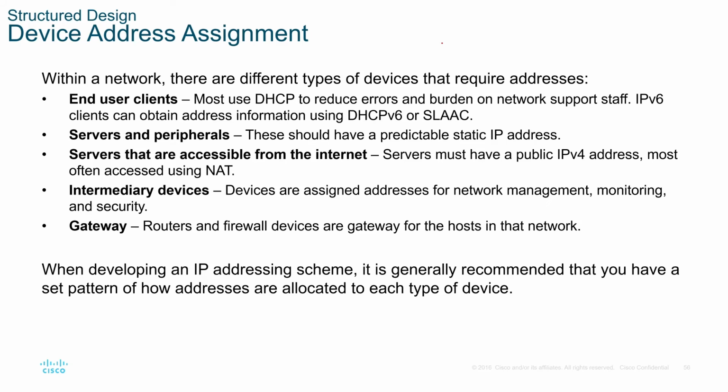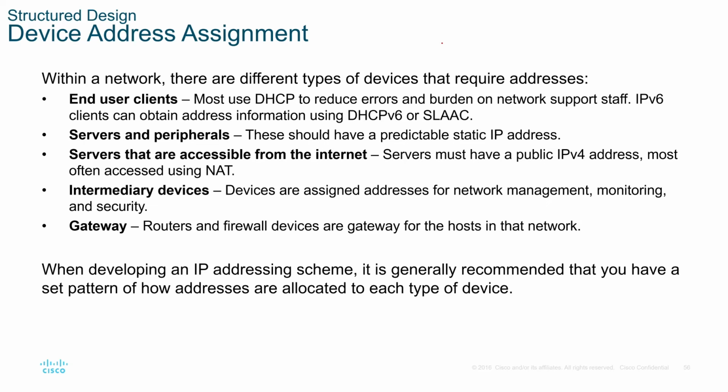Any kind of the intermediary devices should be on a network for management. This would not necessarily be the network that we are using for end host devices. This could be part of a management network that manages all of our routers, switches, and other intermediary devices.